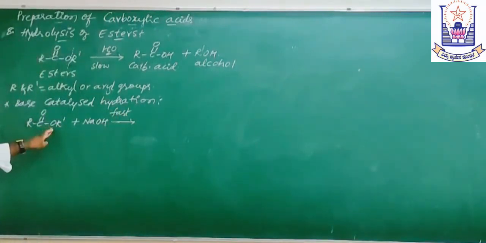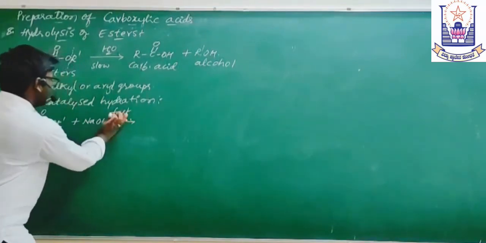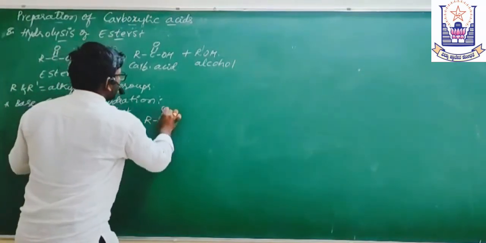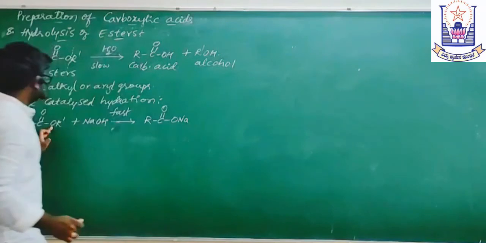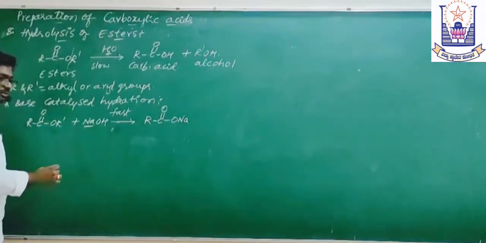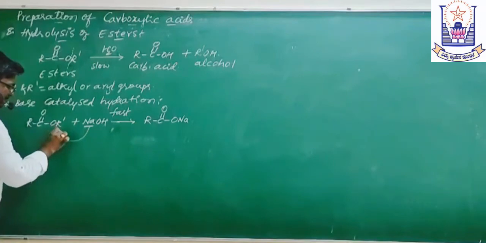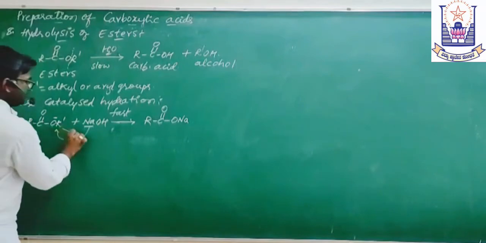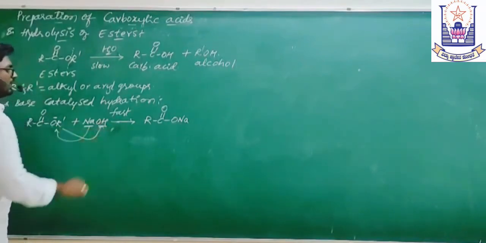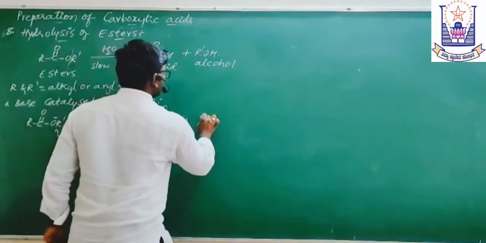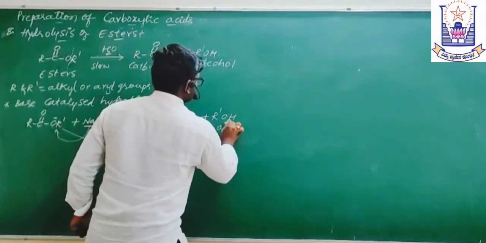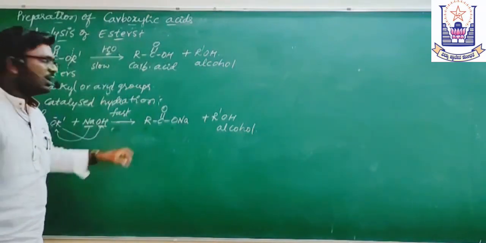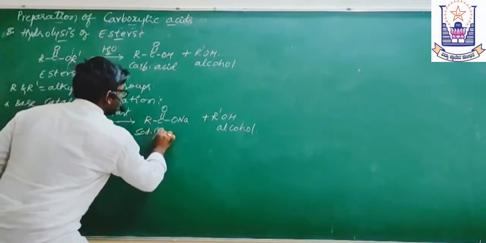You will get RCOONa, and the remaining part, since it is negative, will join here. R dash will join with the hydroxyl group and give you the alcohol. This is called sodium salt of carboxylic acid, or sodium carboxylate.